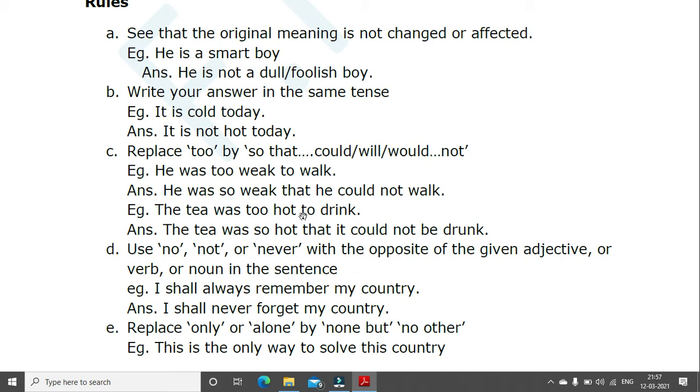Now you're not talking of a human being here. Earlier, because you were talking of a human being, you said he. Here: that it could not be drunk. Now, why is this past tense? Because here it is past tense. The tea was, okay, could not be drunk.